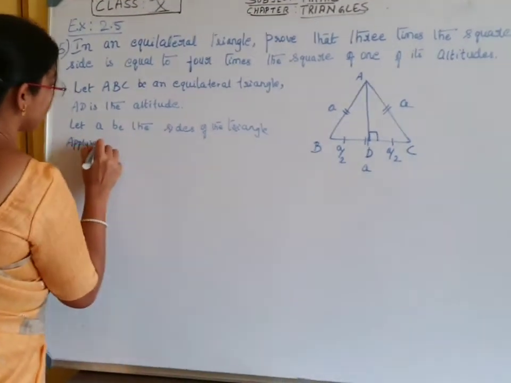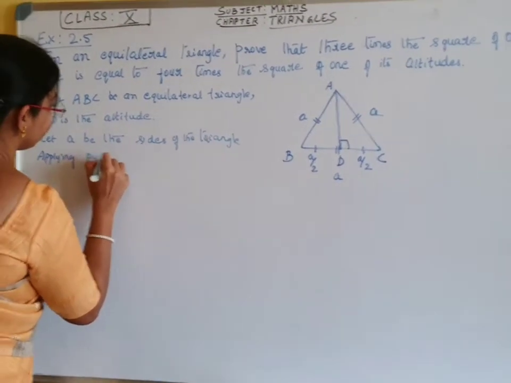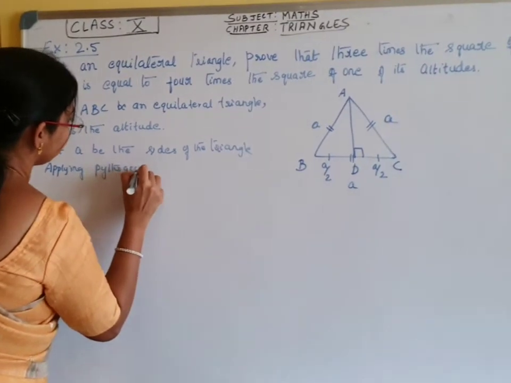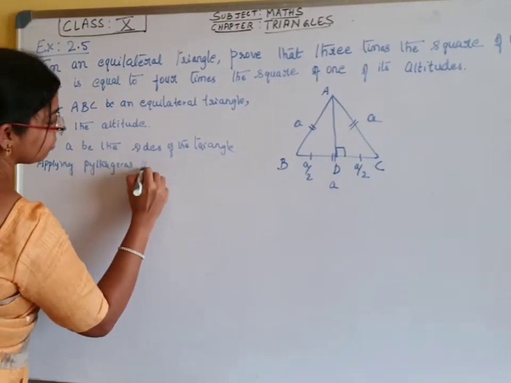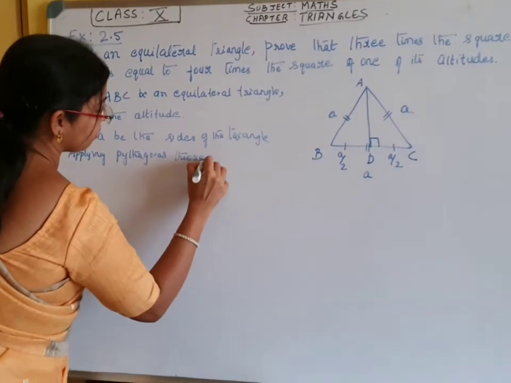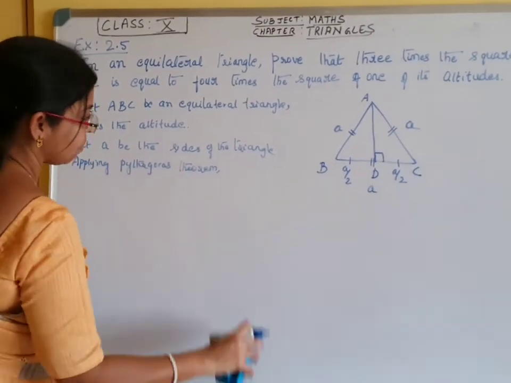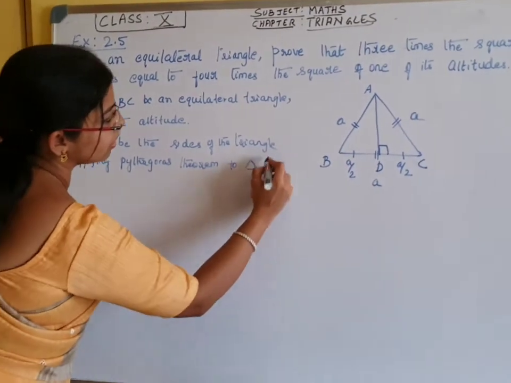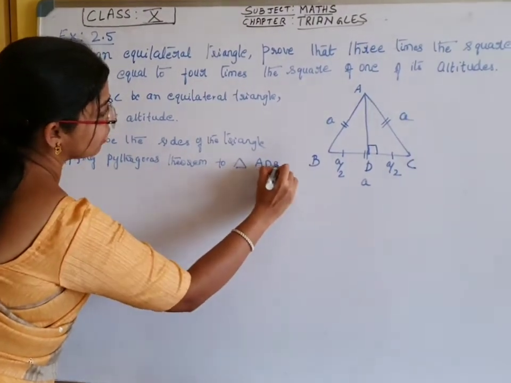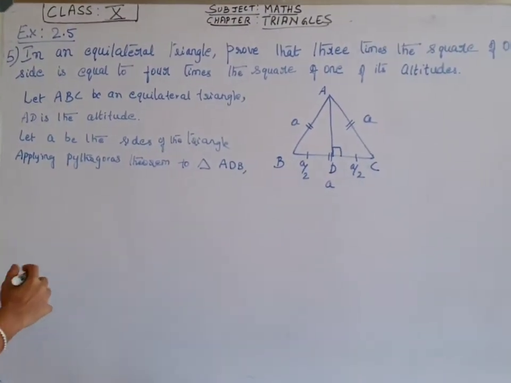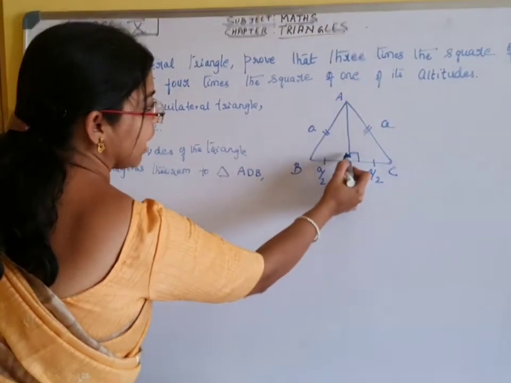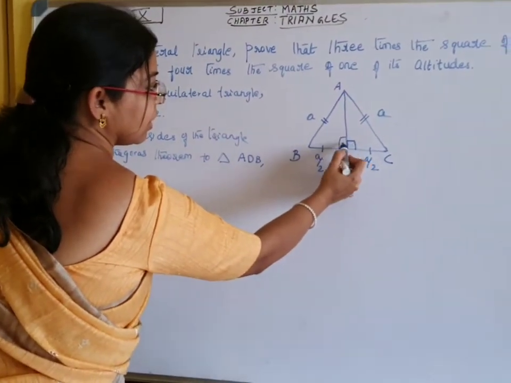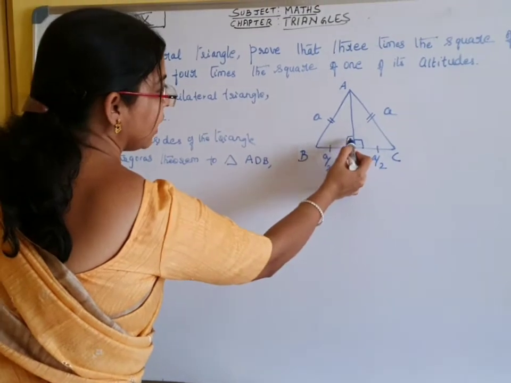Applying Pythagoras theorem to triangle ADB. So what happens? It is right angled here, right? This is an altitude. It's right angled here.